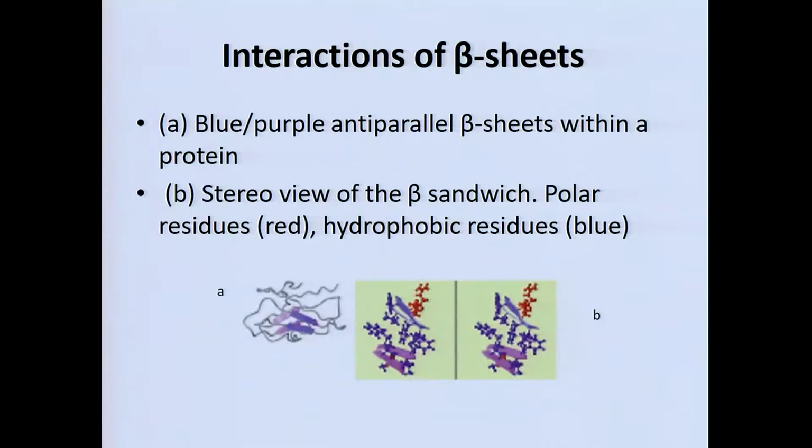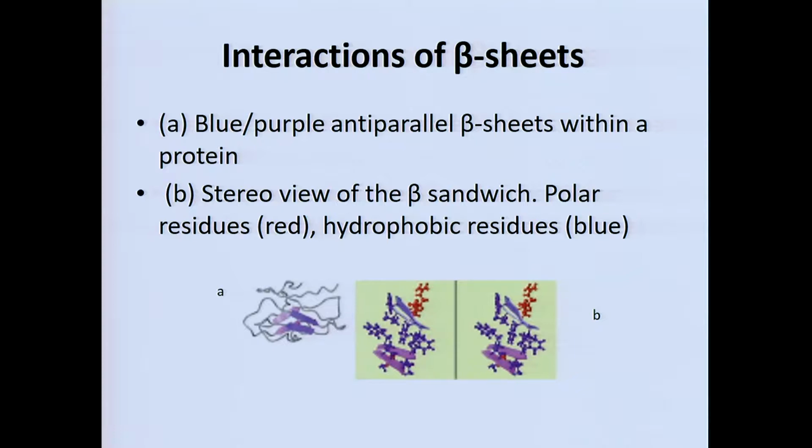Okay, here is an example. Here you can see there are two kinds of beta sheets present, right? And in this beta sheet, you can see the red color are the polar residues, and the purple color are hydrophobic residues.